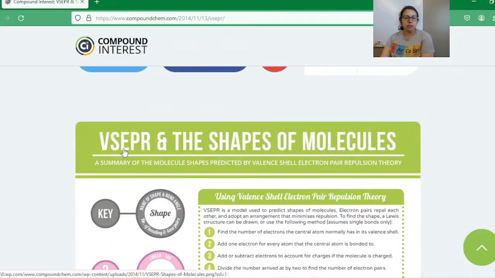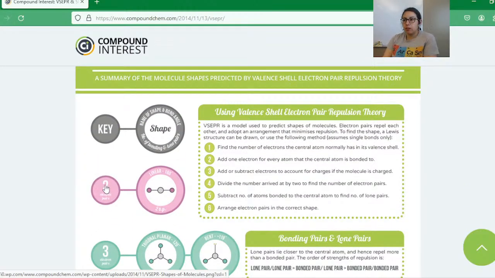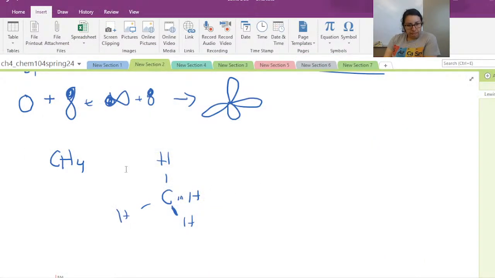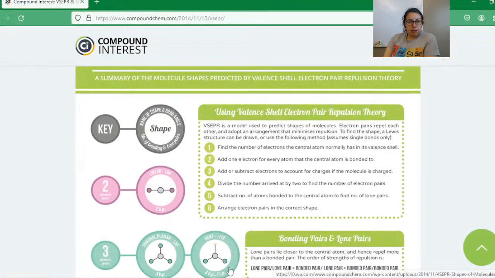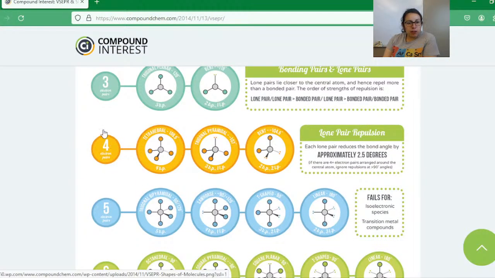These numbers are electron pairs, which is either lone pairs on the central atom or substituents. Looking at methane, we have 1 central atom with 4 things attached to it, so 4 hydrogens. We know it's in electron group 4 here.